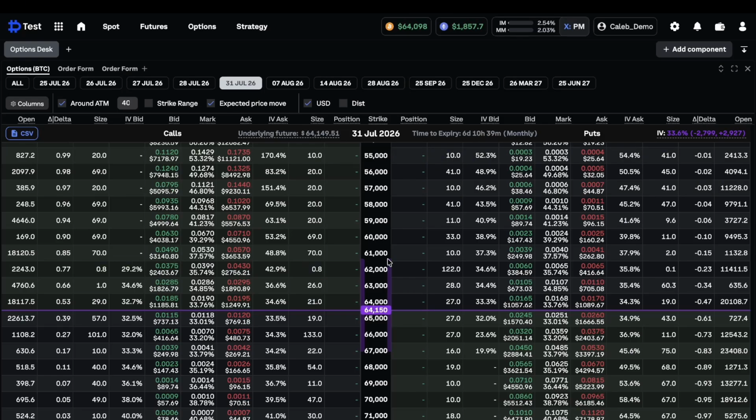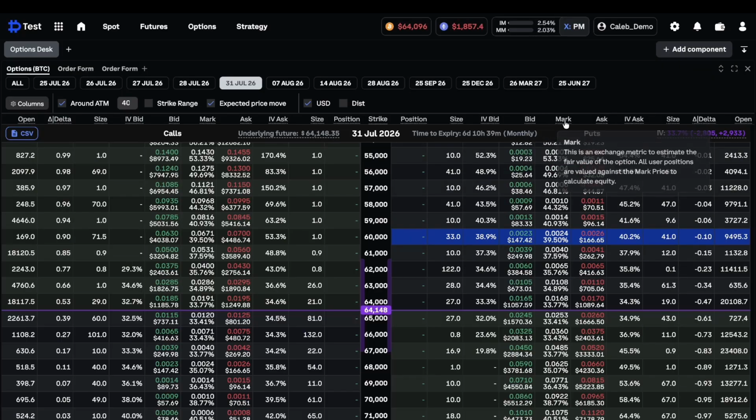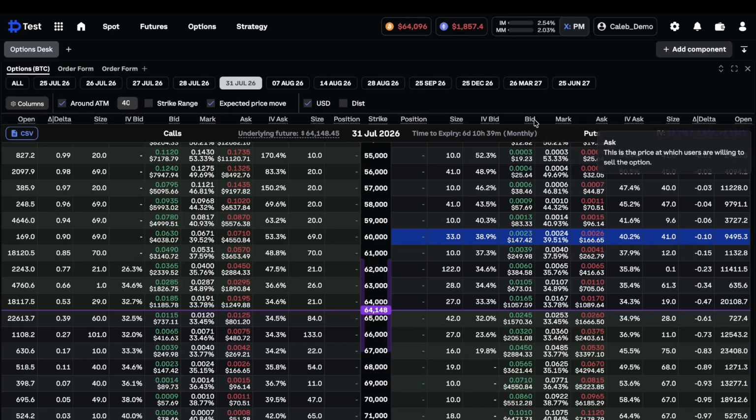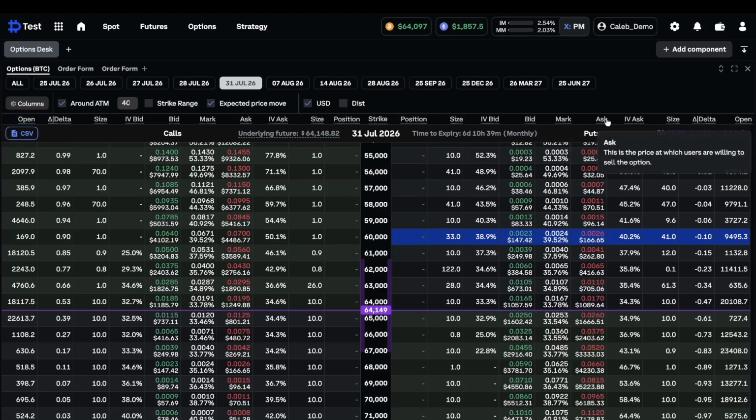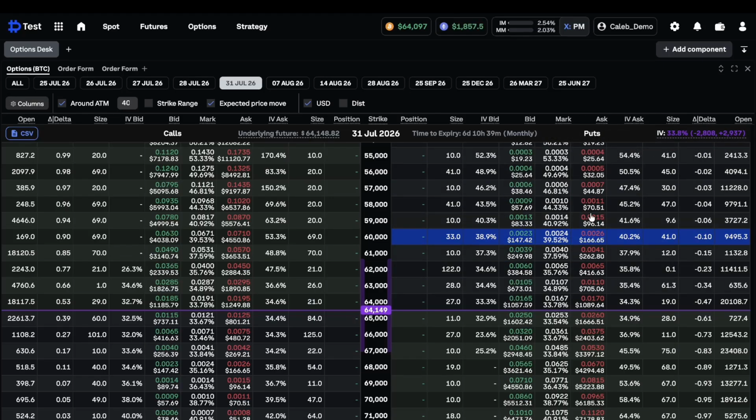Yeah, very simple. When it comes to the premium, you need to look at the bid, mark, and ask price. But I usually look at the bid and ask price. This is very important. This is basically the premium that you either get paid when you sell options, or that leaves your account when you buy options, if that makes sense.